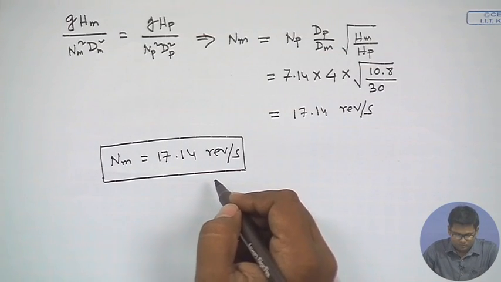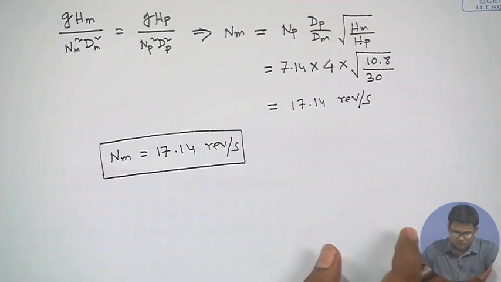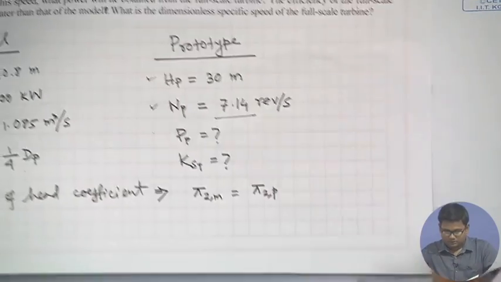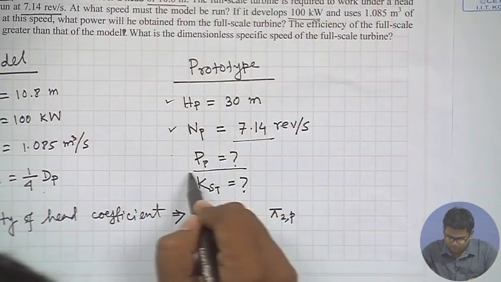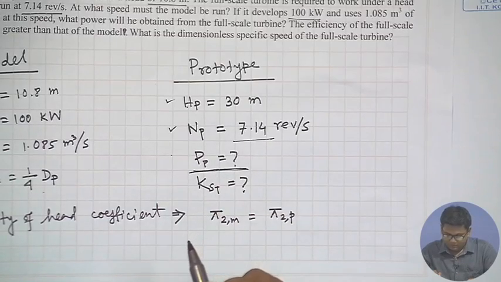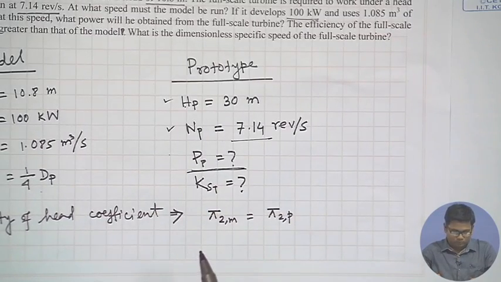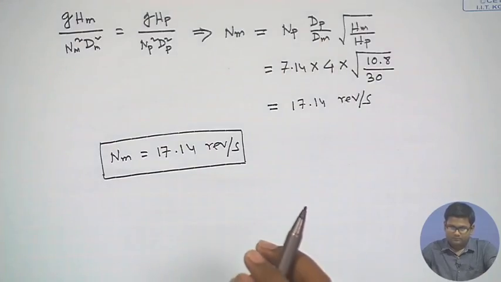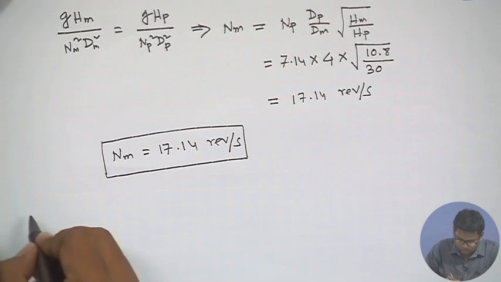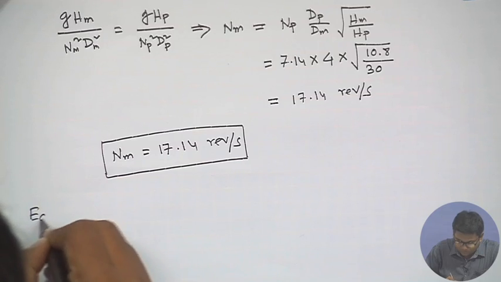Now before obtaining the power, which is our main interest, the power output from the prototype turbine, I am going to calculate the flow through the prototype turbine by using the equality of flow coefficient.